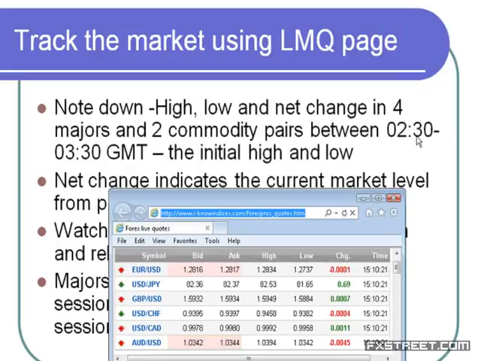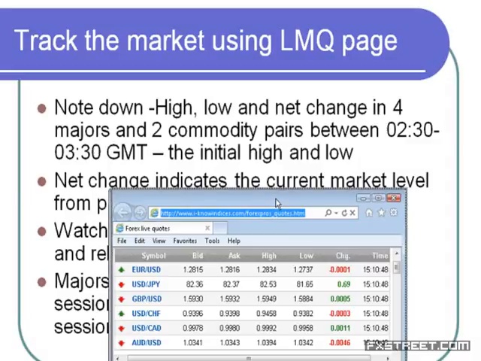Sometimes the high might be set around 2:30 and the low around 3:30, or vice versa. So by 3:30 GMT, we note down the initial lows and highs. They are referred to as the initial high and the initial low. They are used as reference levels by the other players, so we also need to use them. Whatever tools they use, we have to use them.